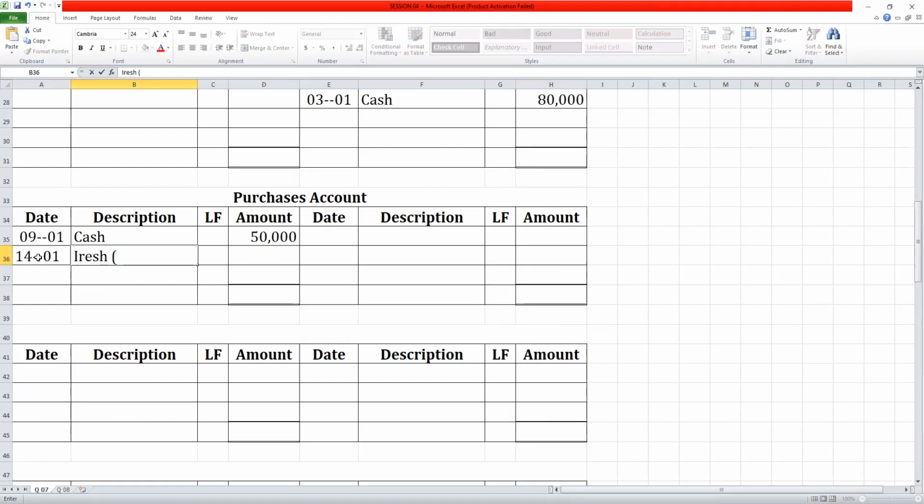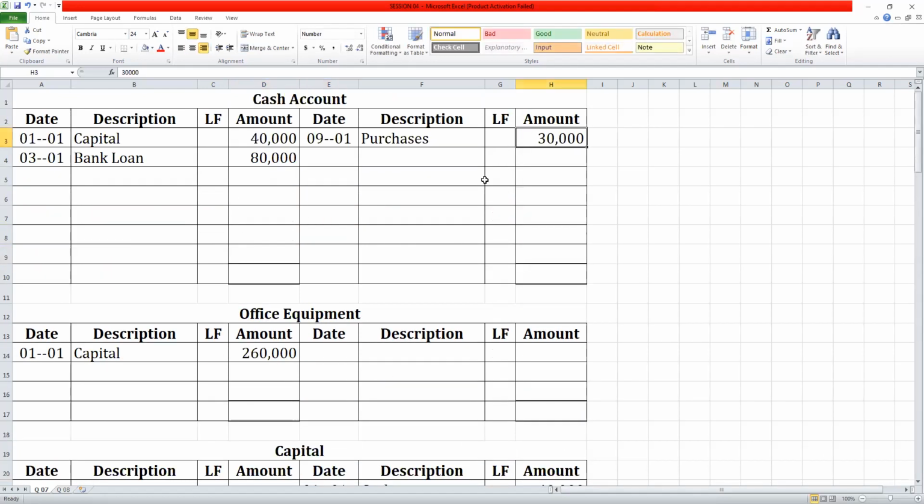Within brackets, now Iresh is called as what? Creditor. I told you, credit purchases generates a liability called creditor. Cash purchases was 30,000. Sorry, it should be 30,000.